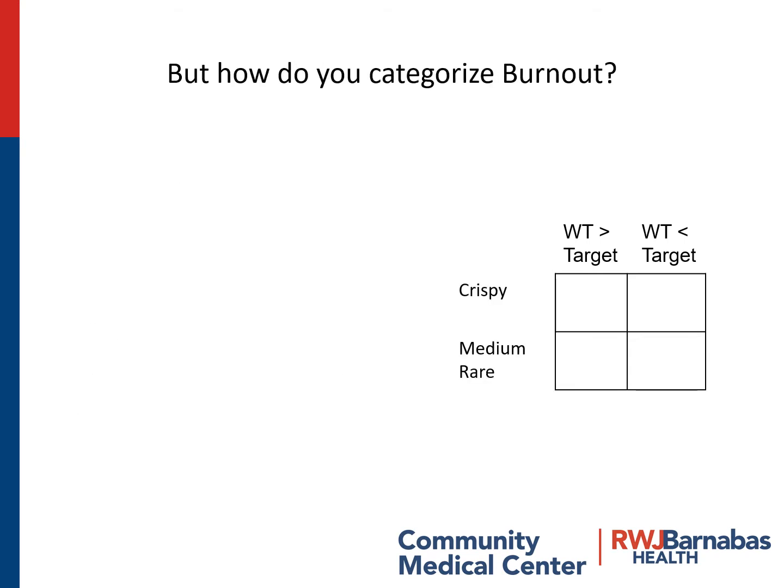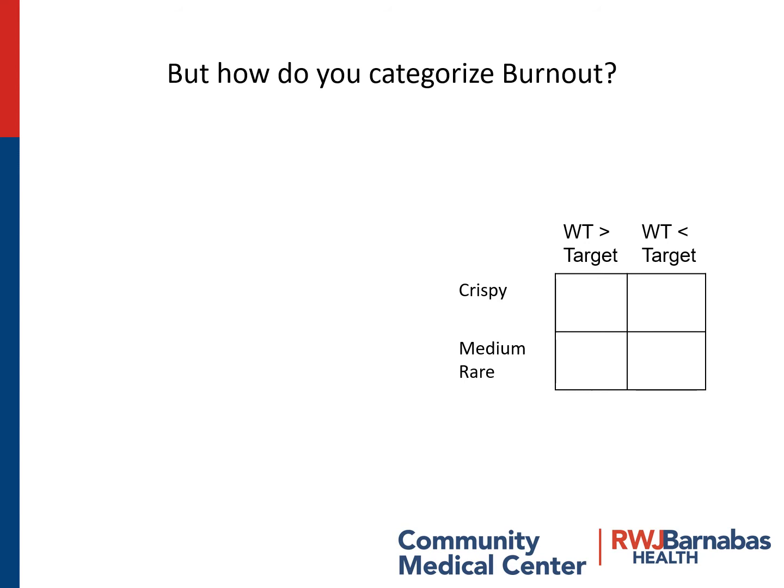But how do you categorize burnout? If you're at all familiar with burnout, there's a Maslach inventory for burnout, and it's a numerical scale from 1 to like 35, something like that. So is it like the middle number?